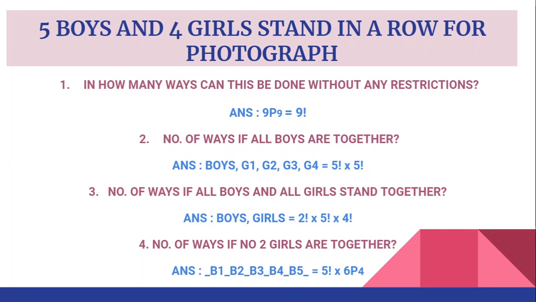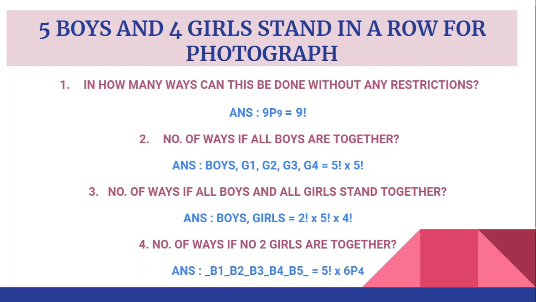Second question, find the number of ways if all the boys have to stand together. So what we'll do is we'll make a separate group for boys, and the second place for girl 1, third girl 2, girl 3 and girl 4. So in total, if you see, we have 5 places, 4 for the girls and 1 for all the boys together.